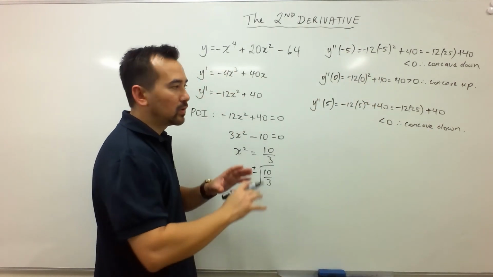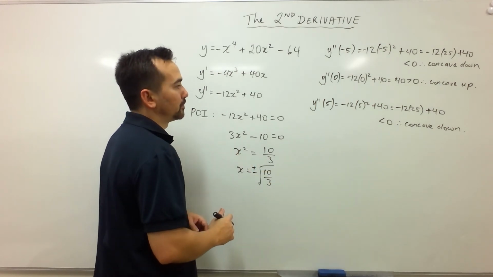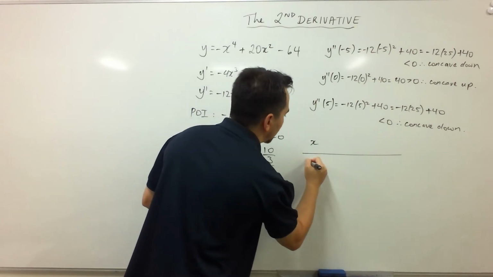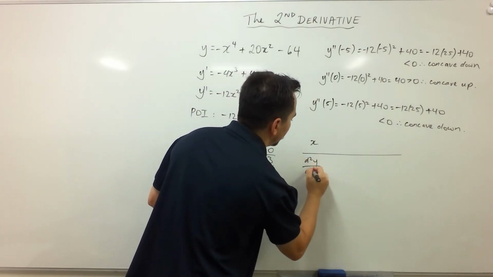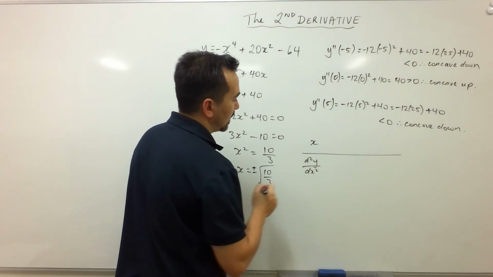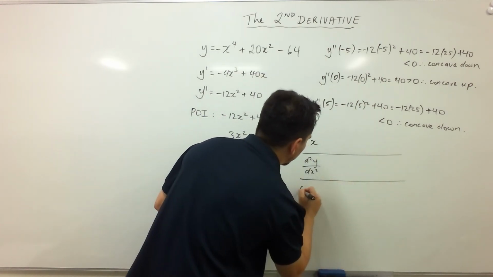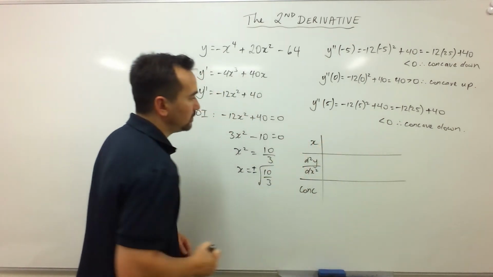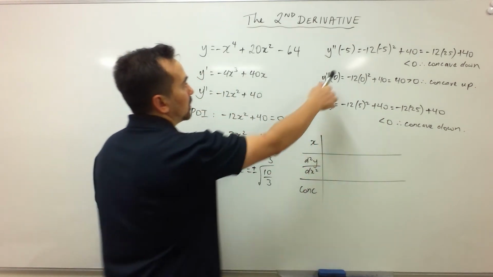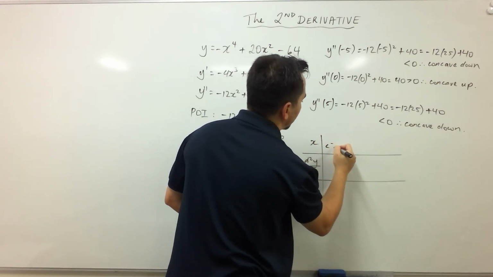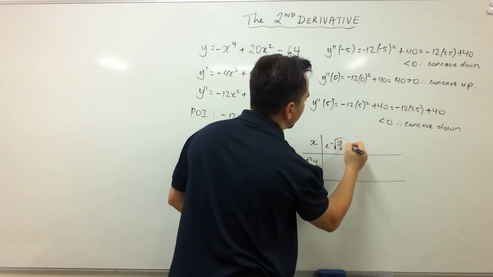Okay, so let's put all of this into a nice tidy table. Our x values go in first, then we're going to discuss the second derivative, and then we'll discuss the concavity, and I'll just put CONC for short. Okay, so we used values to the left of negative root 10 on 3.